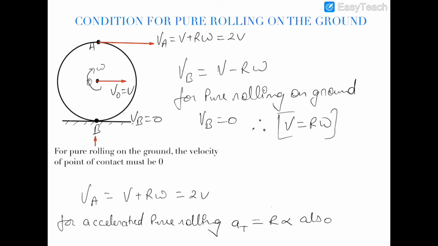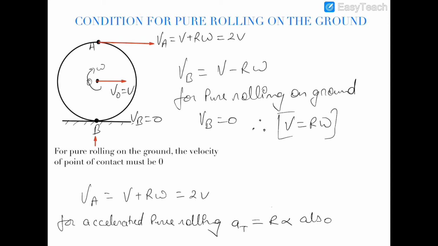So for accelerated pure rolling, these two conditions must coexist, and for only uniform pure rolling, in which speeds are constant, the required condition is only v is equal to r omega.